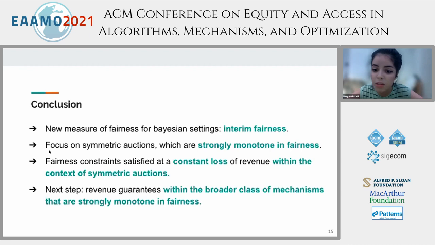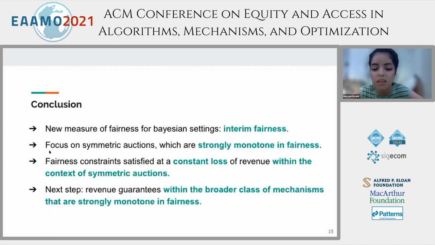We focused on symmetric auctions because they are strongly monotone in fairness, and that is a stronger guarantee than the previous definitions of fairness that we studied. We showed that fairness constraints are satisfied at a constant loss of revenue within the context of symmetric auctions. What we showed is that a simple symmetric auction that we call BREV satisfies these fairness constraints at only a constant loss of revenue.